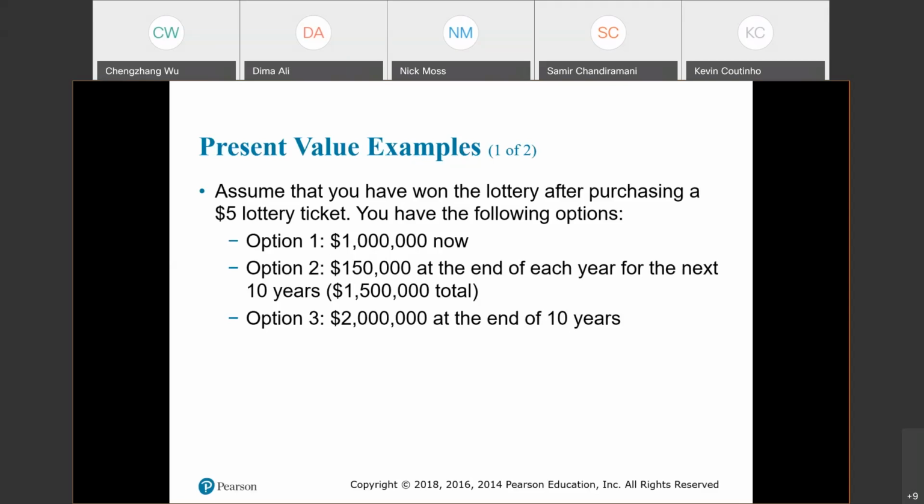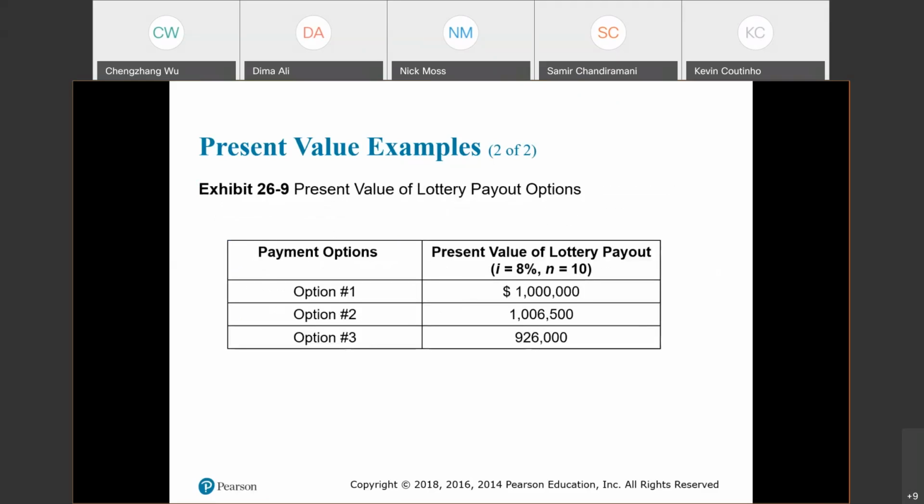And option number three is a lump sum future value of $2 million. So which option would you choose? It depends on the present value of each option. For option one, the present value is simply $1 million. It doesn't require a process.